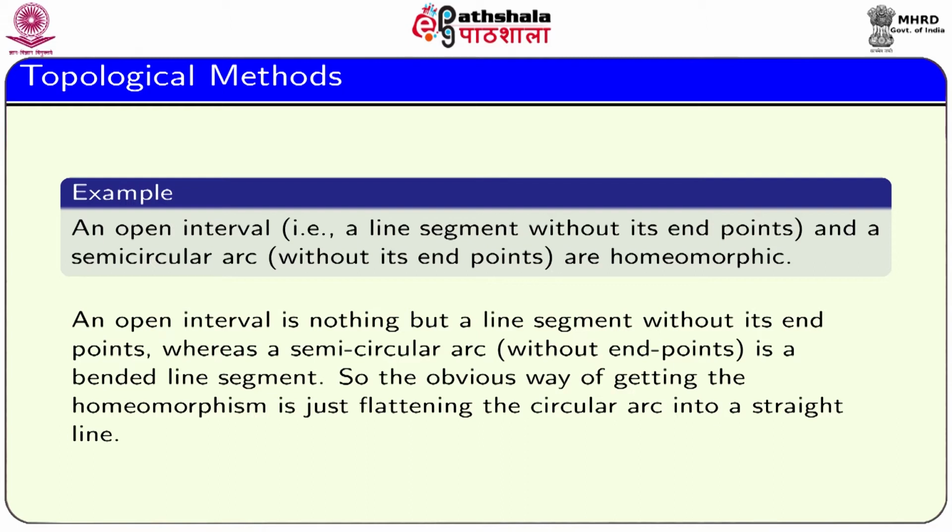An open interval is nothing but a line segment without its endpoints, whereas a semicircular arc without its endpoints is a bent line segment. So intuitively, we feel that if we simply flatten the circular arc into the straight line, then that will give us the homeomorphism.